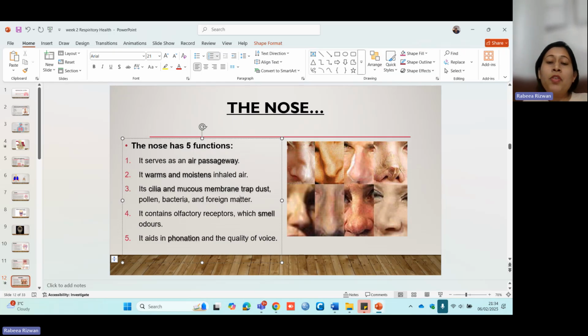The other functions of the nose are that it provides the air passageway for breathing, and it warms and moistens the inhaled air. It also has olfactory receptors. These are specialized cells that give us the sensation of smelling odors, and the nose also helps in phonation for pronouncing specific sounds, words, and alphabets, and creates the quality of our voice.